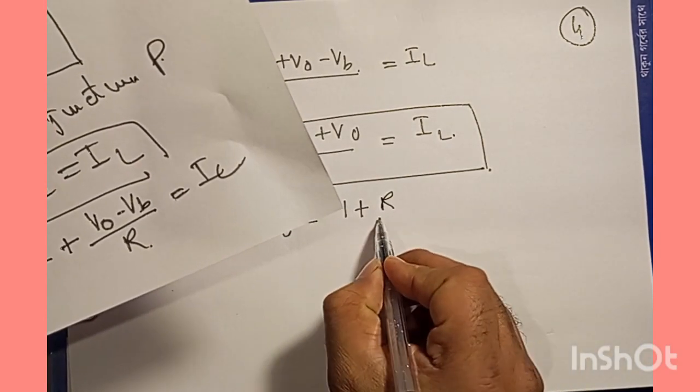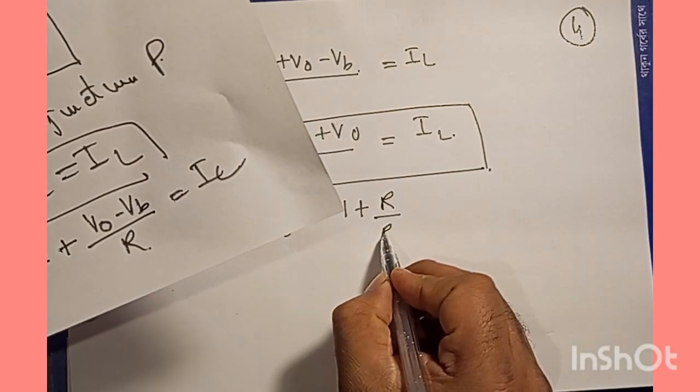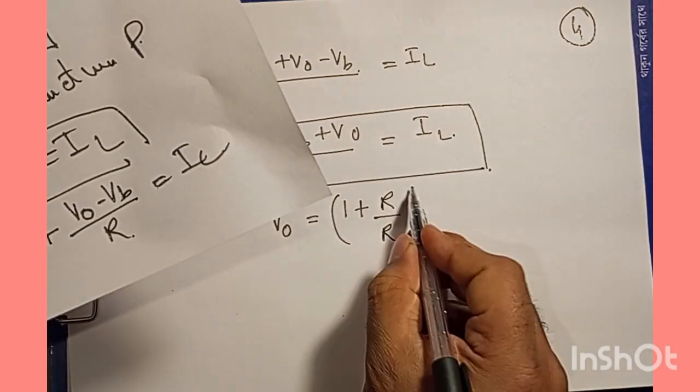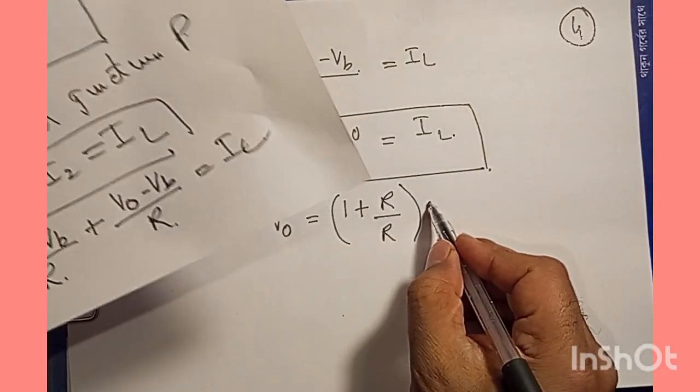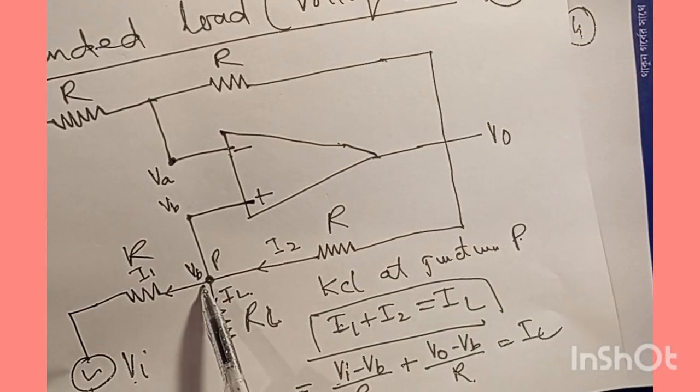RF here is R and RI is R. Here it should be VB.